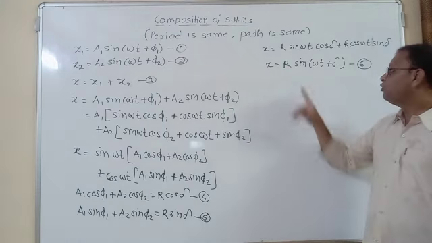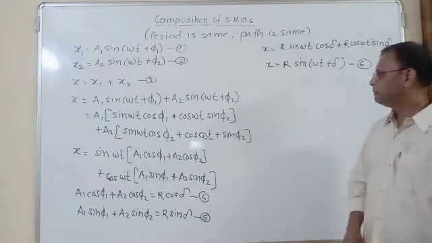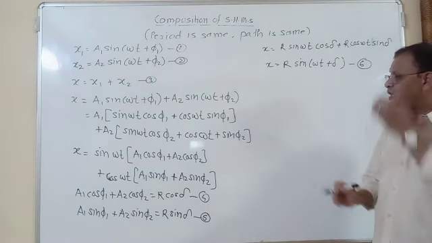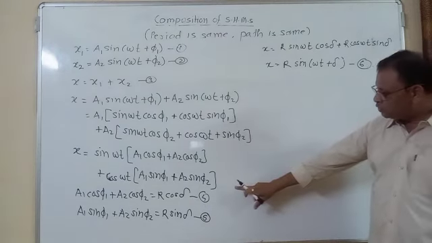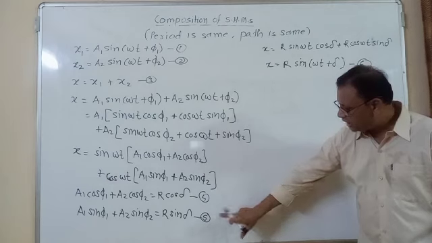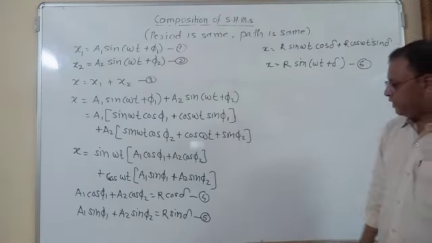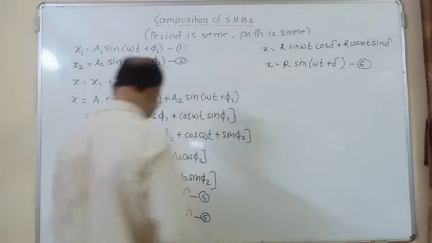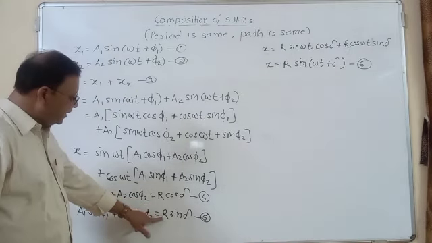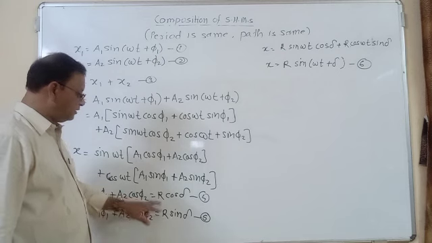Now we have to find R and delta. First we find R. In order to find R, we have to use relation number 4 and 5. Squaring and adding 4 and 5, what will you get?